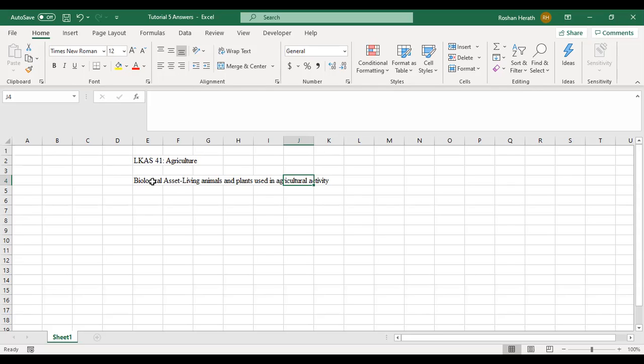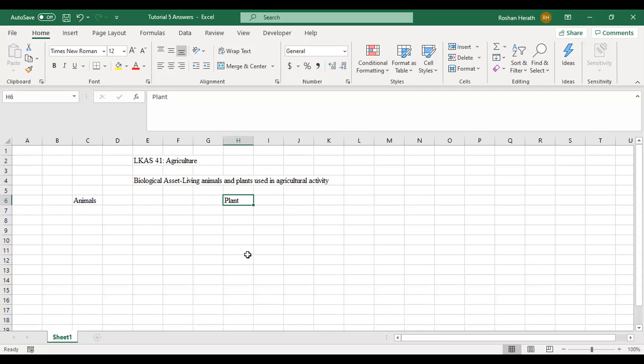And then when it comes to biological assets, basically you would see two aspects. Even the definition itself says that on one hand it's about animals, and on the other hand it's about plants. So basically it talks about two things: living animals and plants.